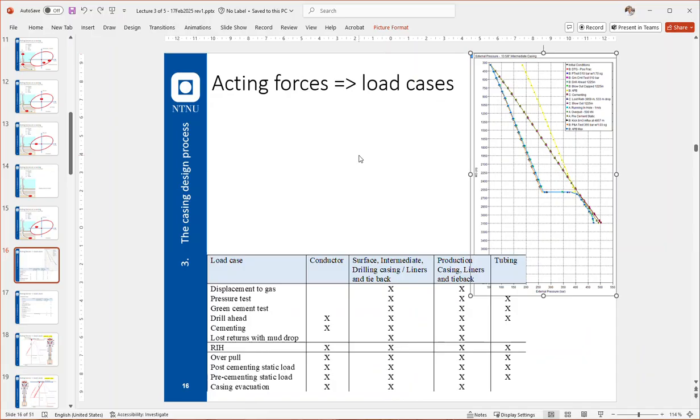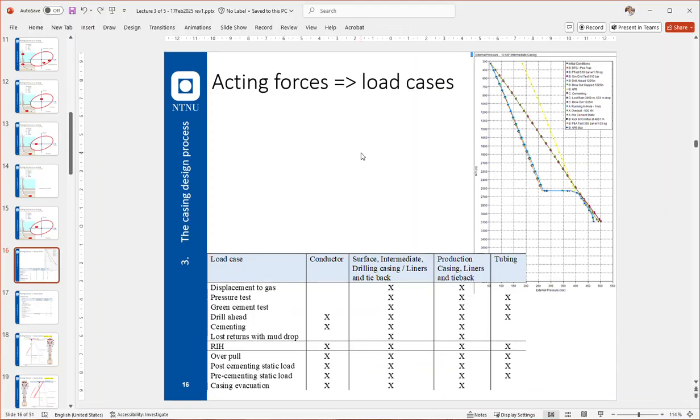Pressure testing is basically certifying the casing for use. So that's how we design our pressure test during the casing design process.